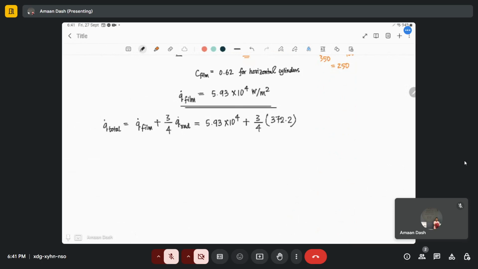You can see this is very very small, and so you can still add it in total to get 5.96 times 10 to the power of 4 watt per meter square. So this is the Q total.